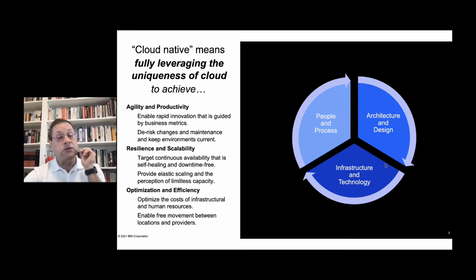That means you're going to achieve all of these different goals we were talking about of agility and resilience and optimization by being able to take advantage of enabling rapid innovation guided by real numbers, real business metrics, of being able to target continuous availability in a way that's going to be self-healing and then will result in lower or reduced downtime.